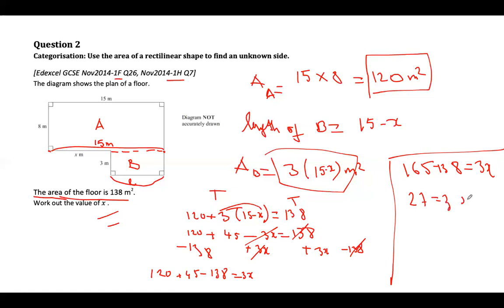We need to get rid of the 3, because I just need the value of x, so divide by 3 both sides. Divided by 3, divided by 3, so x equals 9. x equals 9, and we found the value of x. That's it. We don't need to go any further, because the question doesn't ask us to do anything else, just find the value of x.